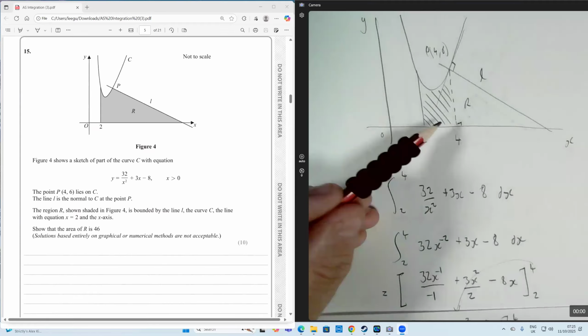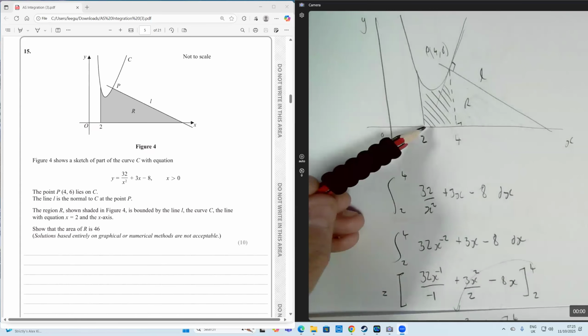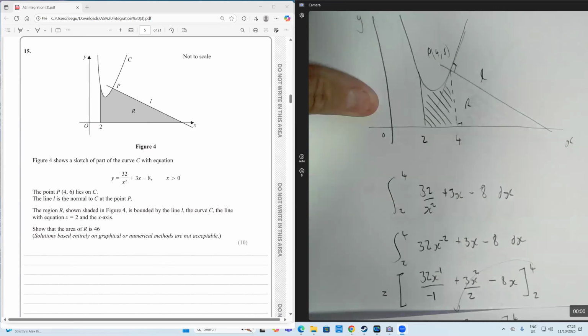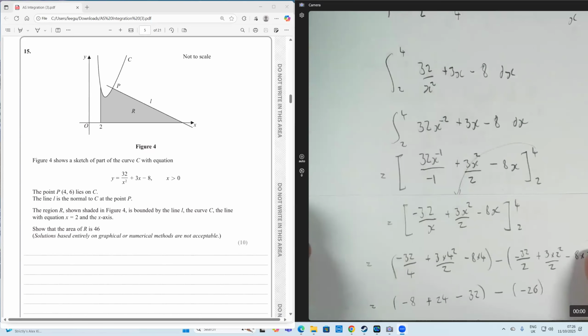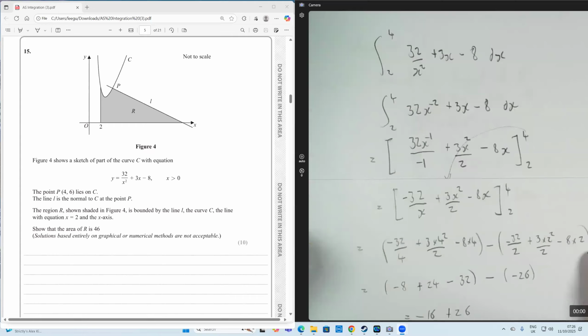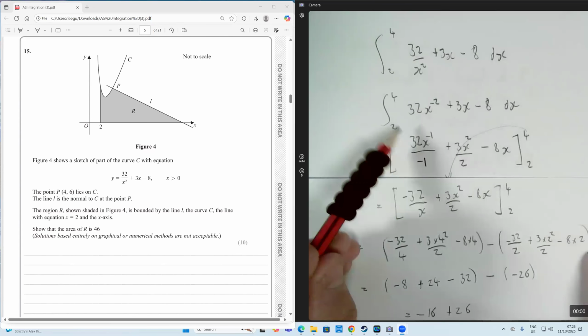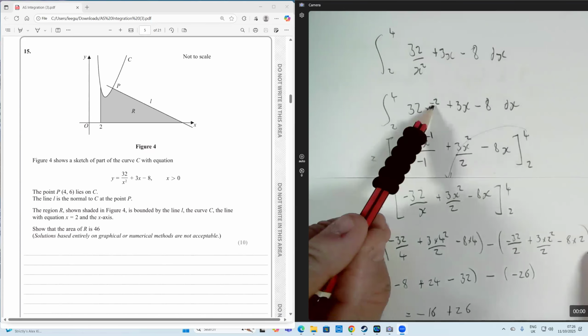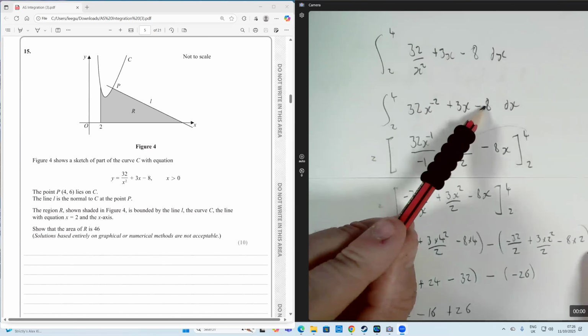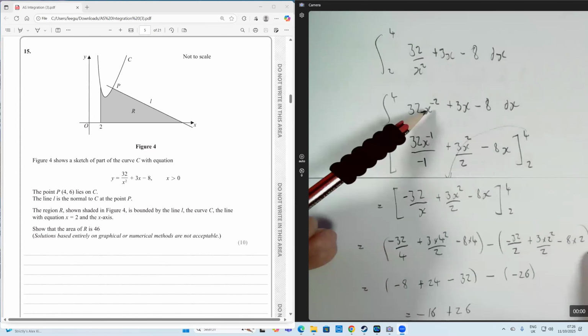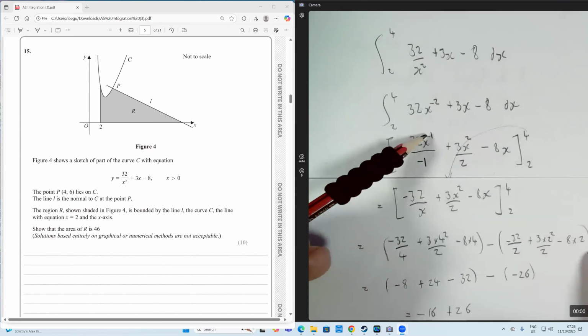So first of all, let's find the area underneath the curve between 2 and 4. We write down the equation: the integral of 32 over x squared plus 3x minus 8 dx. That can be written as 32x to the minus 2 plus 3x minus 8. Integrating, we raise the power by 1, so minus 2 goes to minus 1, and we divide by the new power.